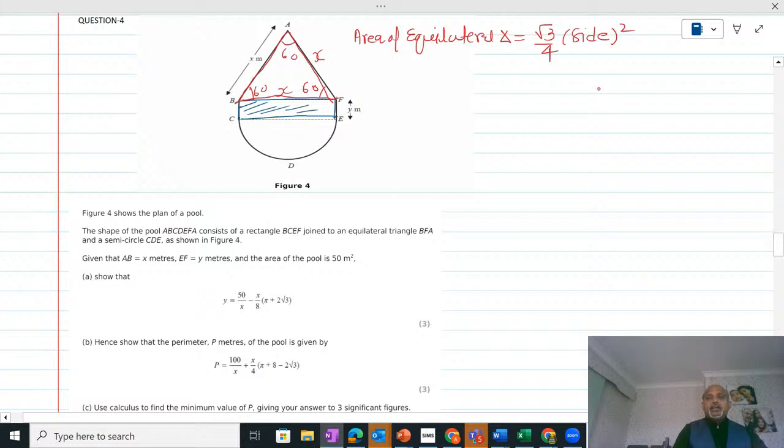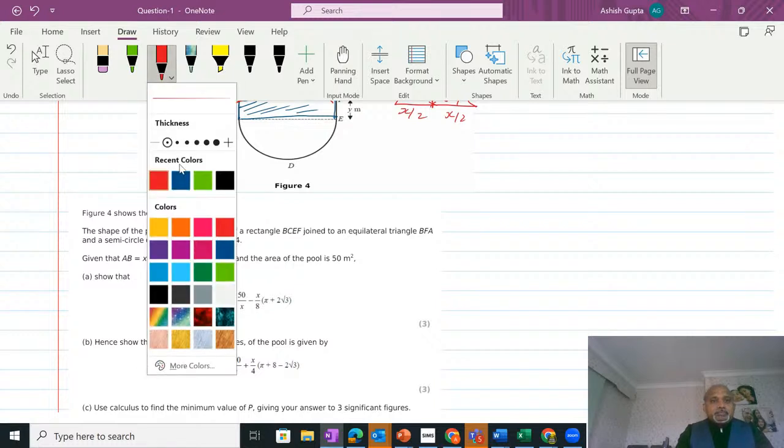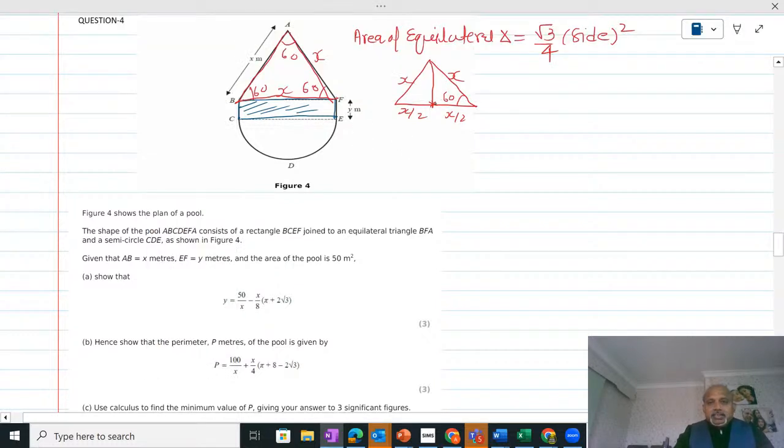Now you can say, sir, if I forget, how will we do it? So we are going to solve this. See, this is an equilateral triangle. This is x, this is x, and this middle part is x by 2 and x by 2, and we can take this angle as 60 degrees.